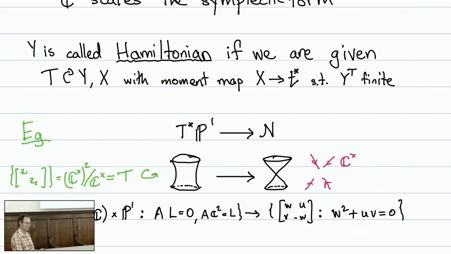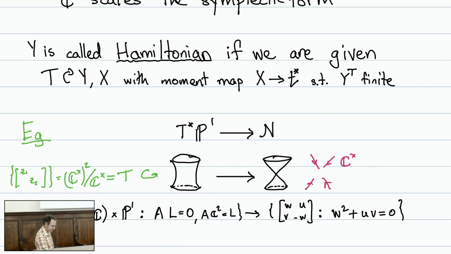It occurred in the last lecture as well. And I think of the cotangent bundle of P1 in these linear algebra terms as a pair of a matrix A and a line L, living in matrices cross P1, with this property that the matrix kills the line and maps C2 inside of the line.